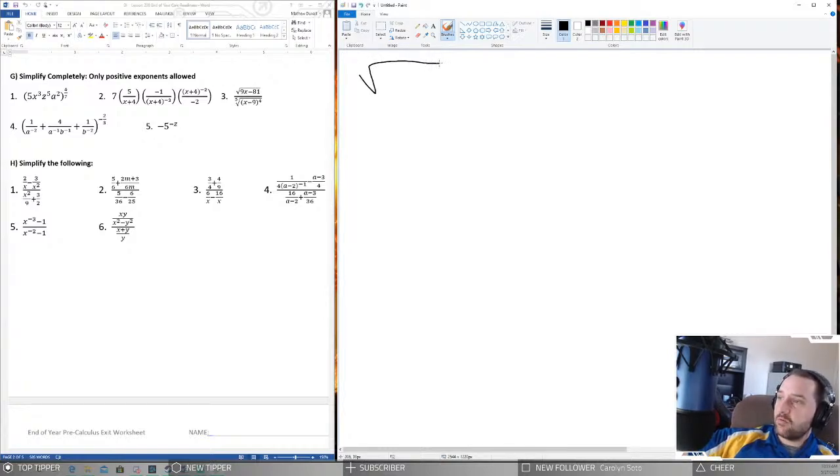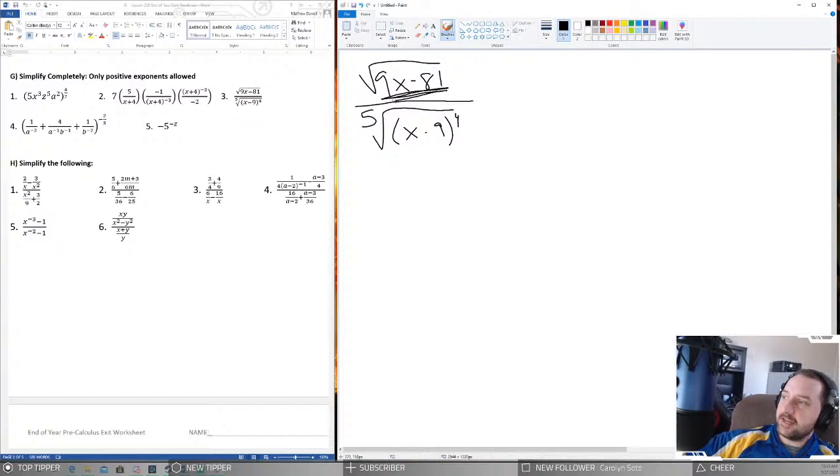So I have this square root of 9x minus 81 over, and then I have the fifth root of x minus 9 to the fourth. So the first thing that I notice is with this 9x minus 81, I know there's a common 9 between both of those, so I could factor out that 9.